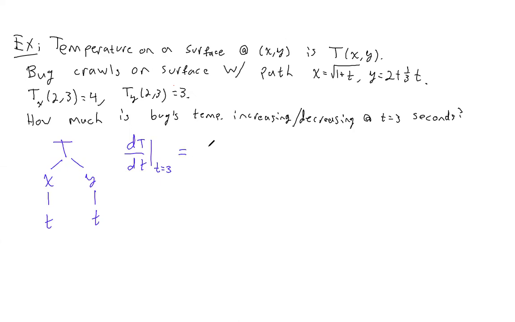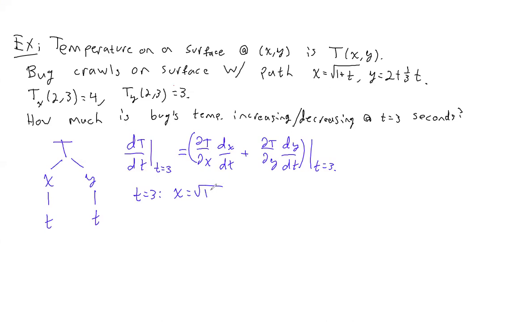To answer that question, we need to look at del T del x times dx dt, that's the chain rule, plus del T del y times dy dt. And specifically, this all is happening at t equals 3. By the way, at t equals 3 we also need to know what x is. x is root 1 plus 3, or in other words, 2.